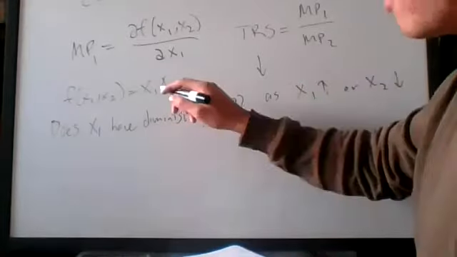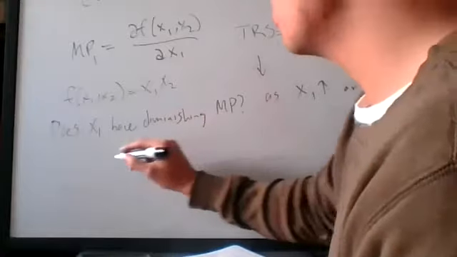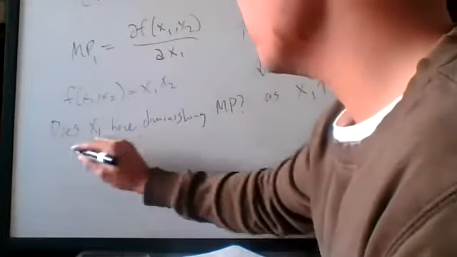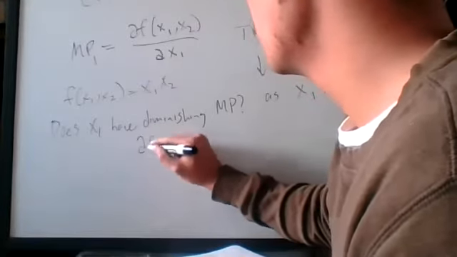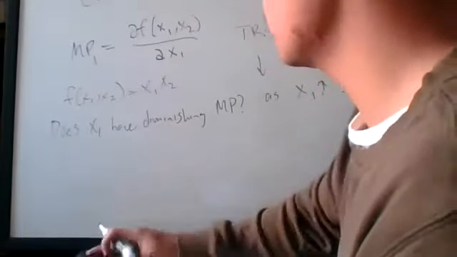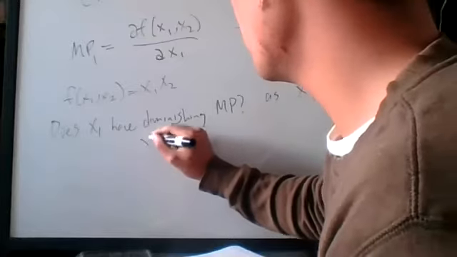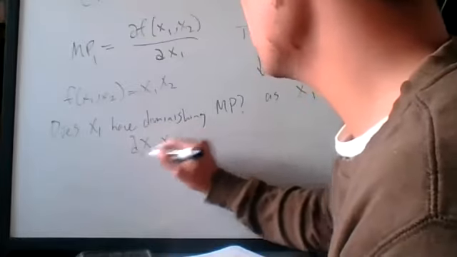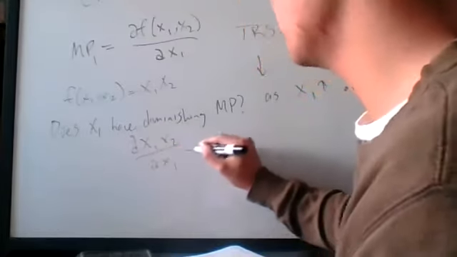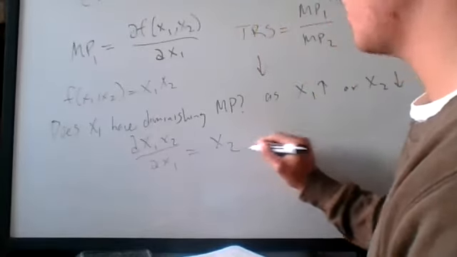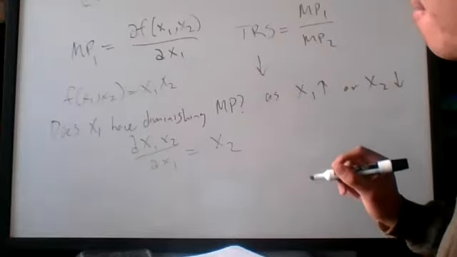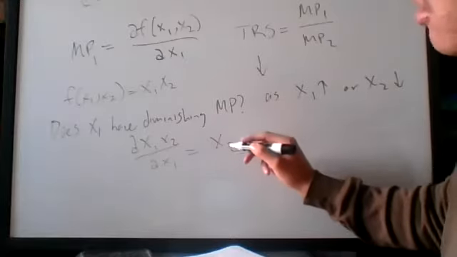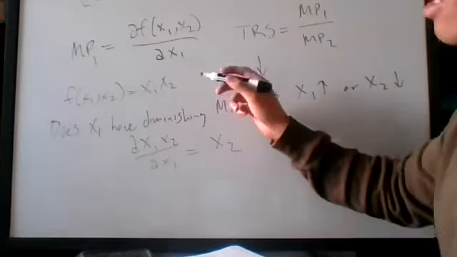And so if we take a look at this, we know that the first derivative is going to be positive, right? So let's just actually just do this. So derivative of x1, x2 with respect to x1, that's just going to be equal to x2, right? And so basically x2 is always going to be some positive number, right?